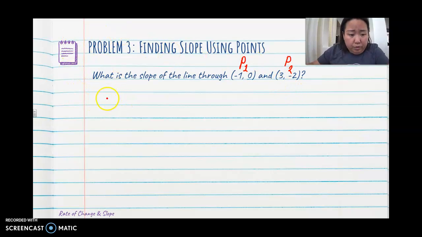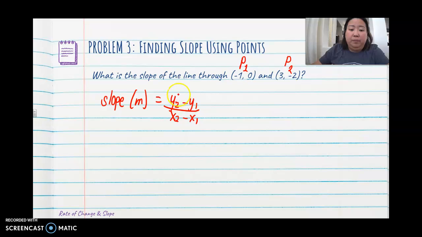So remember, for the formula of slope, and by the way, the symbol that we use for slope is the small letter m, okay? So if ever you see me write m equals, I'm referring to the slope. It's going to be m = (y2 - y1) / (x2 - x1). The y2 and the x2 should come from point number 2.